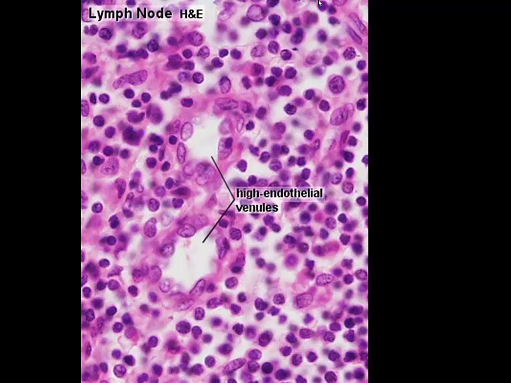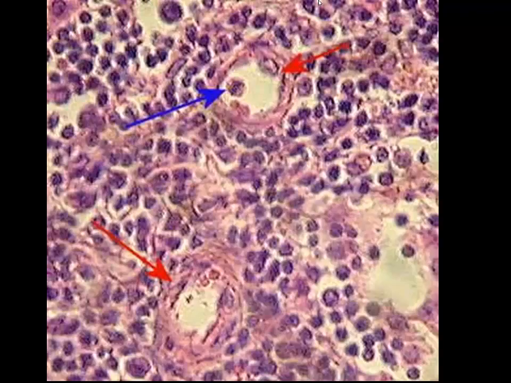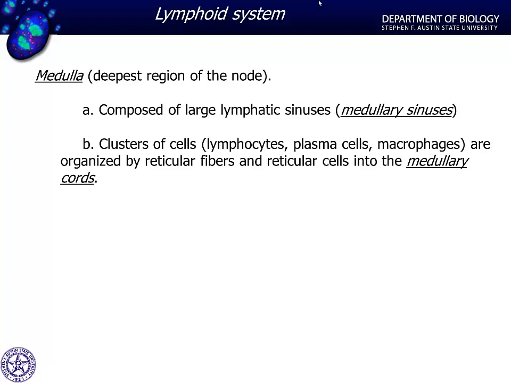They don't look as cuboid shape as you might see in some, but they are certainly not the real flattened squamous tissue that we're used to seeing when we look at capillaries and venules. And here we have the other examples, and in the upper illustration you can see we do have a leukocyte in the lumen of this high endothelial venule.